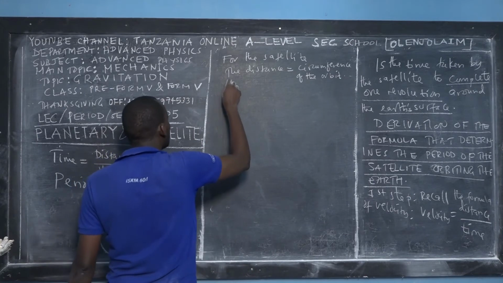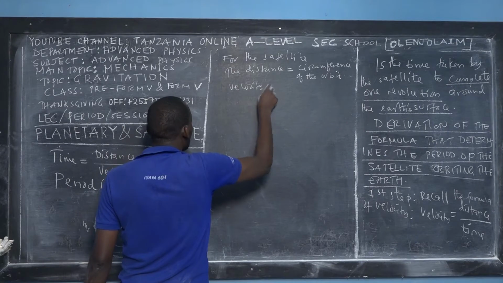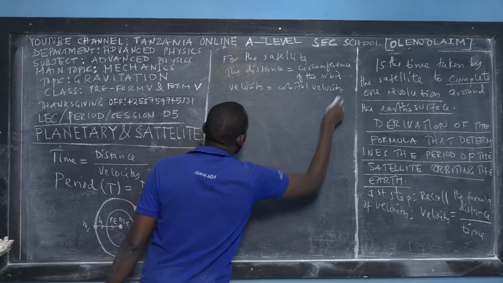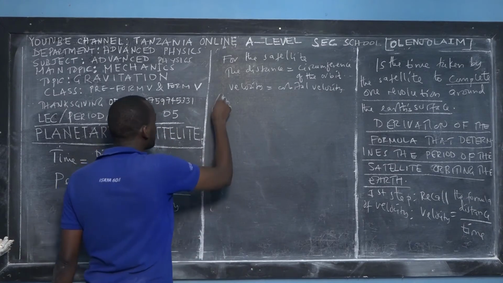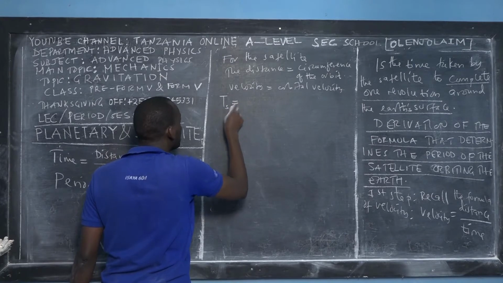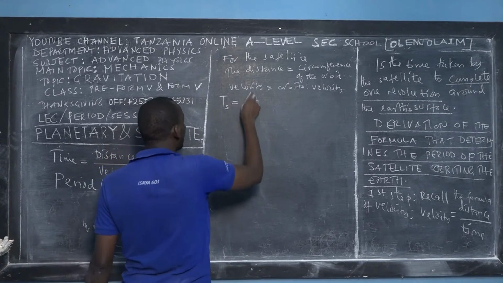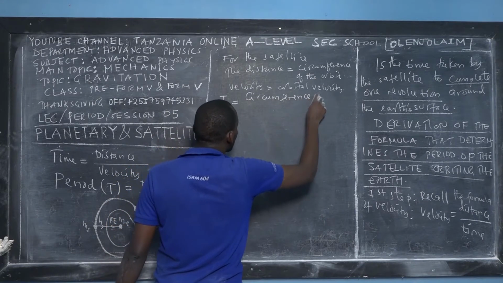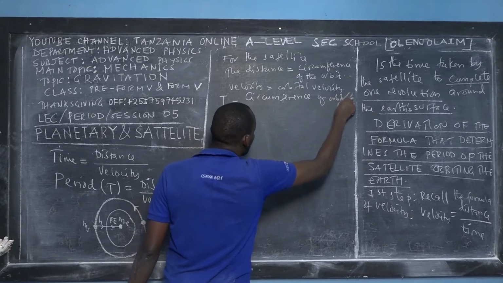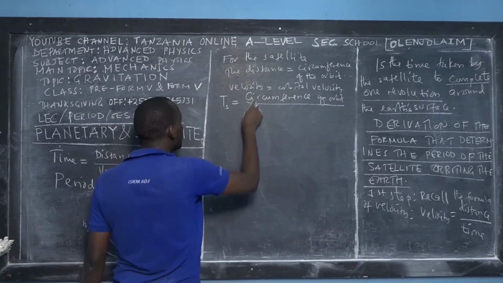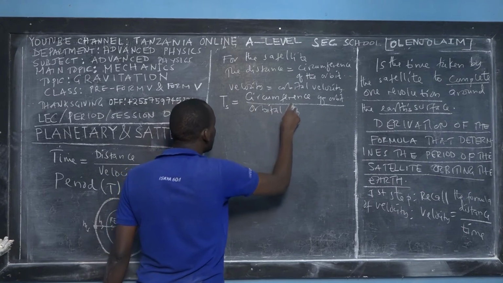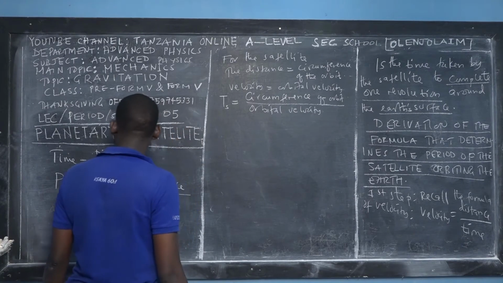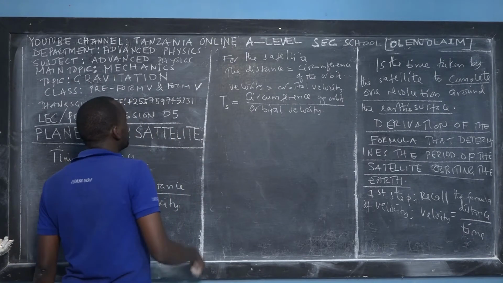Then the velocity is equal to the orbital velocity, which I told you previously in this lecture. So if that's the case, the period of the satellite, T_S, will be the circumference of the orbit of the satellite over the orbital velocity. So this is the formula, and that is the second step.